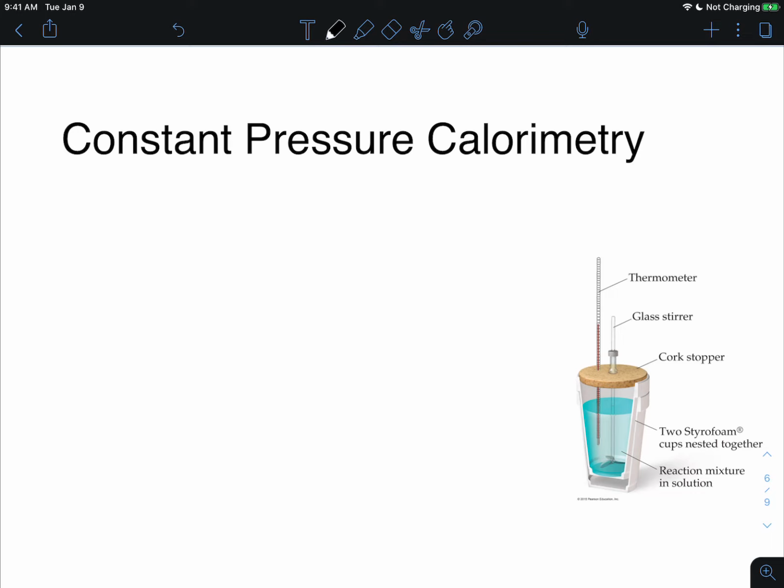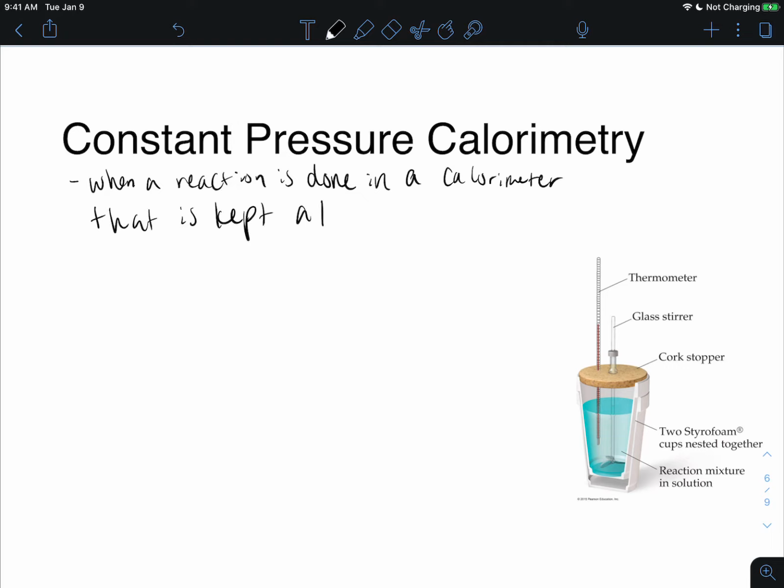So this is when we keep our pressure constant. So when a reaction is done in a calorimeter that is kept at constant pressure.